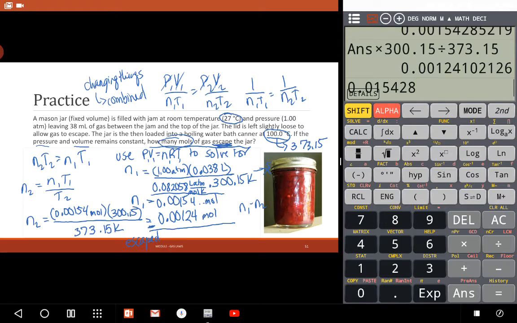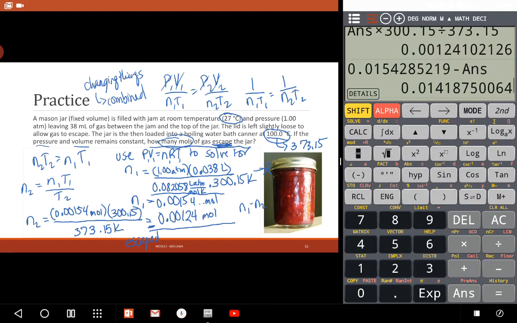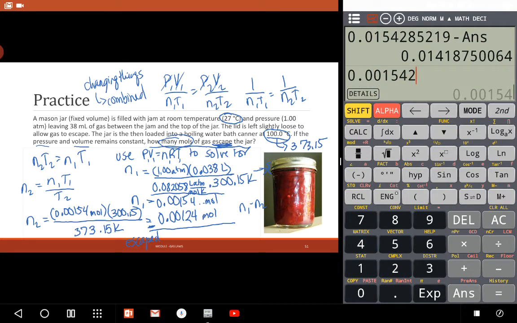It's typing in more digits than I need. I forgot a 0. See, this is why you should save your numbers in your calculator so that you don't have to retype all this stuff.